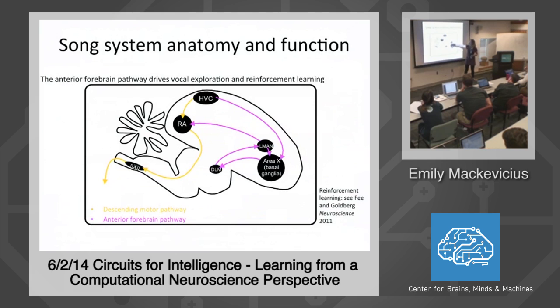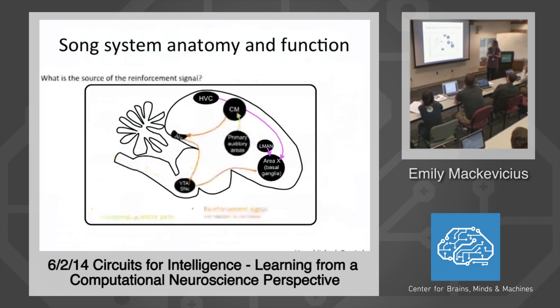So L-man needs to have some kind of memory as well? So that's one thing I didn't cover, but the question is, when area X biases L-man to do the same thing that sounded good before, there are actually different loops within this system.